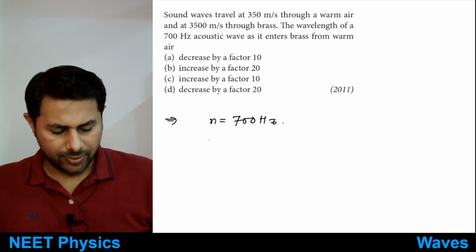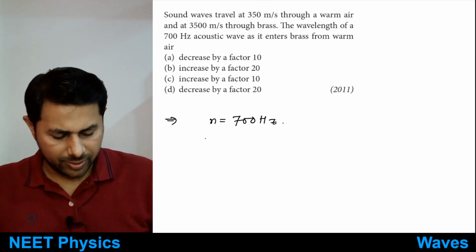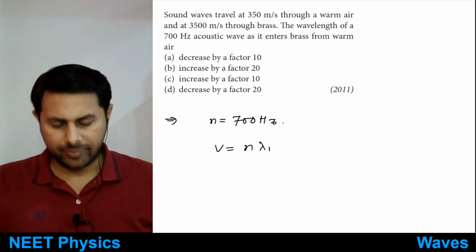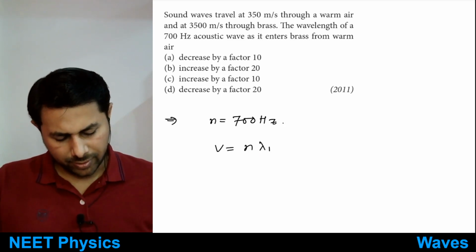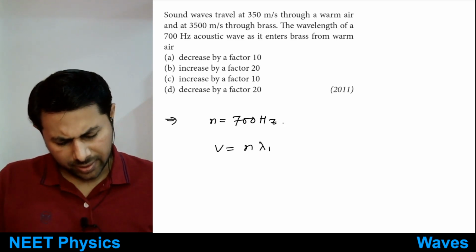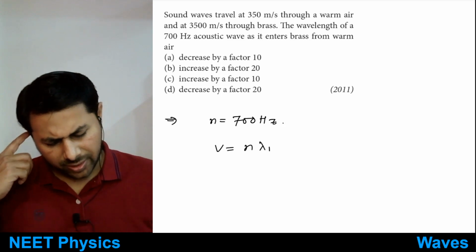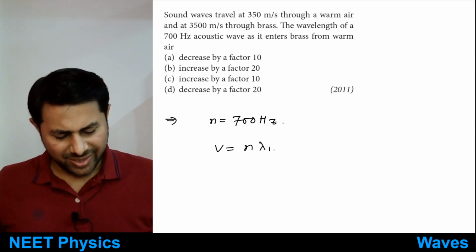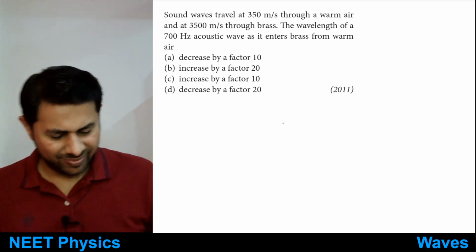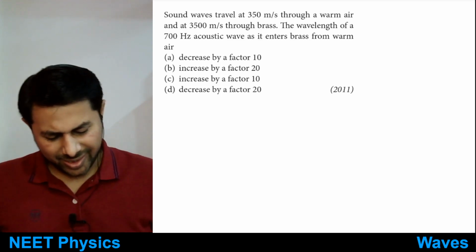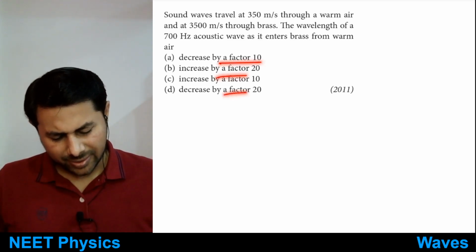Okay, so you have v is equal to n times lambda 1, and then you find lambda 1, right? Actually, I don't even need to do that, I'm sorry, because they don't want us to calculate the wavelength.